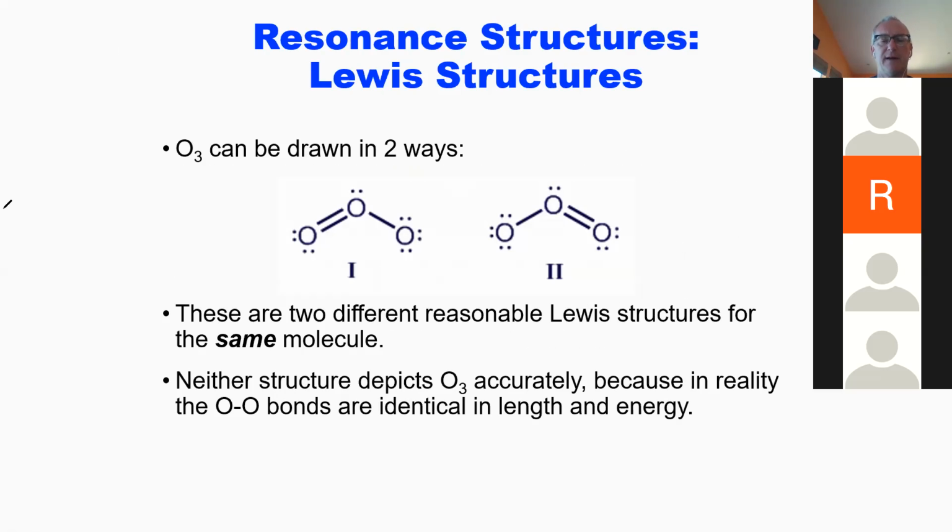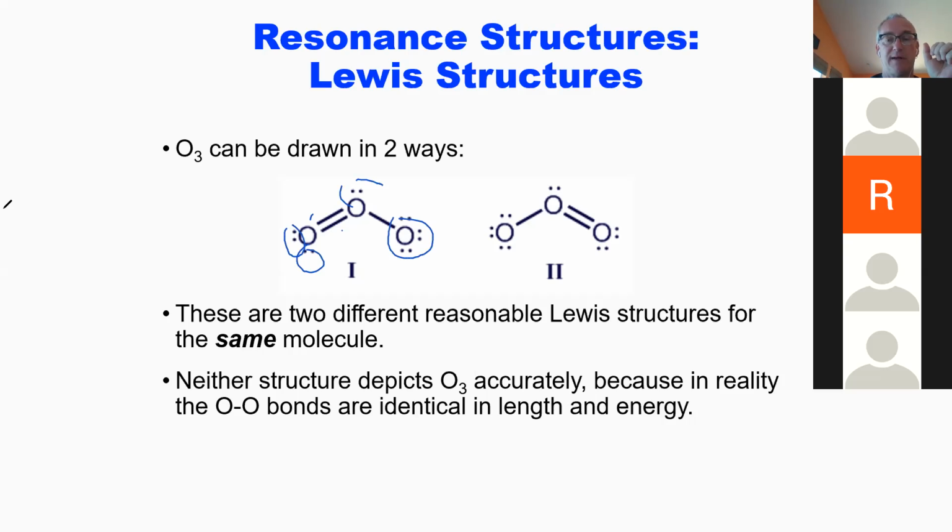If we write the number of valence electrons, each one is going to have 6, right? So we've got 2, 4, 5, 6 for this one. 1, 2, 3, 4, 5 for this one. 1, 2, 3, 4, 5, 6, 7 for this one. So we've got our 18 valence electrons.